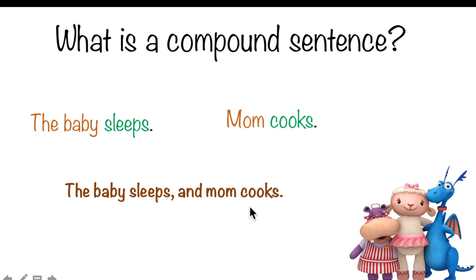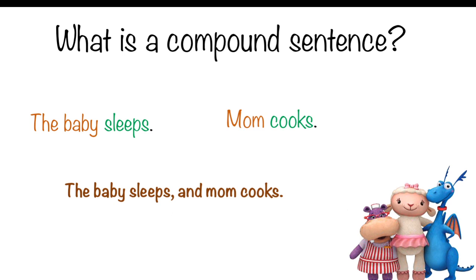We will make a new sentence. That sentence will be called a compound sentence. Let's read it. The baby sleeps, comma, and mom cooks. That sentence is called a compound sentence, and we use a comma in compound sentences.